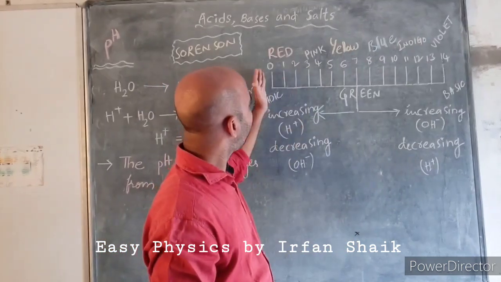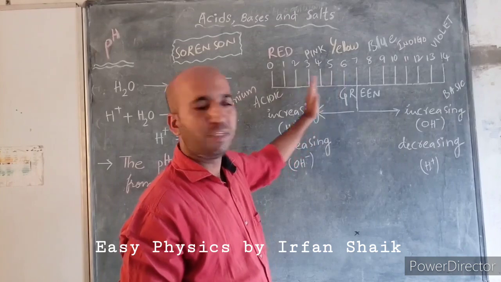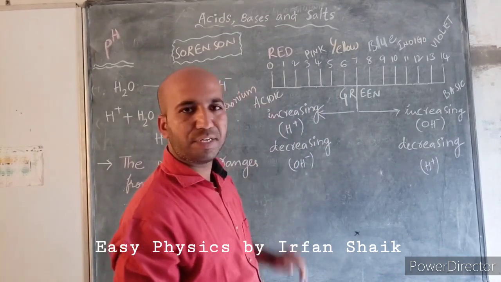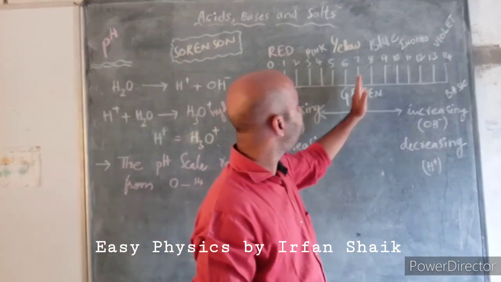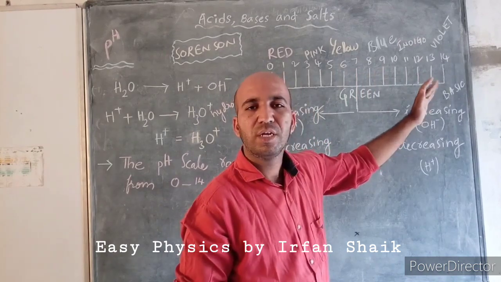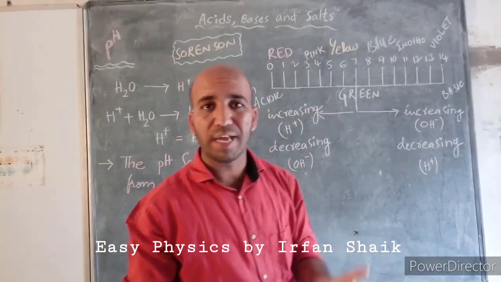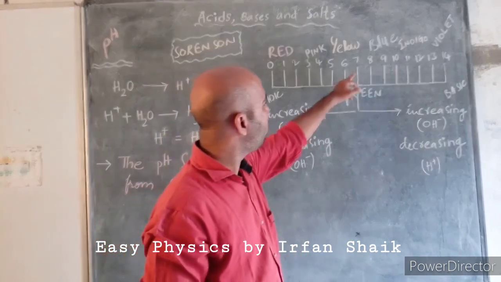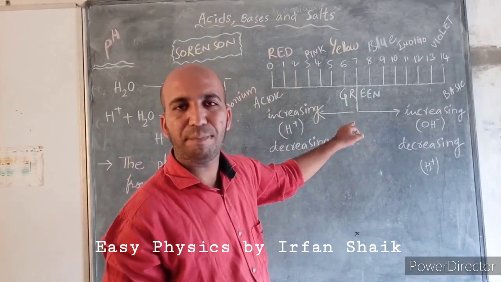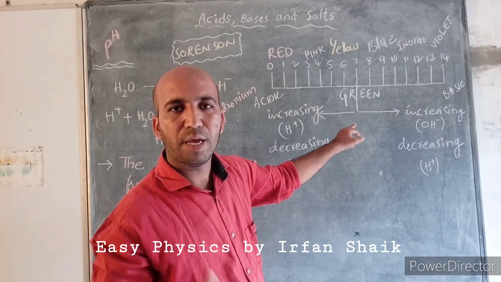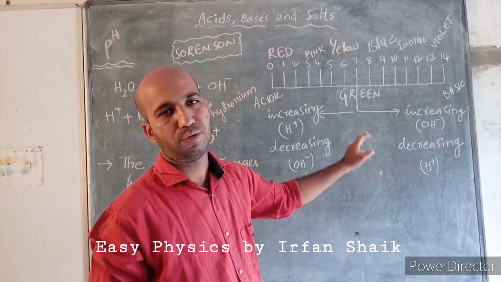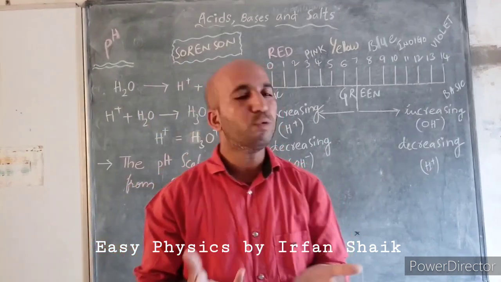From 0 to 7, these solutions are called acidic solutions. The pH range from 7 to 14 are called basic or alkaline solutions. A solution having exactly 7 pH value is a neutral solution. For example, water is a neutral solution.